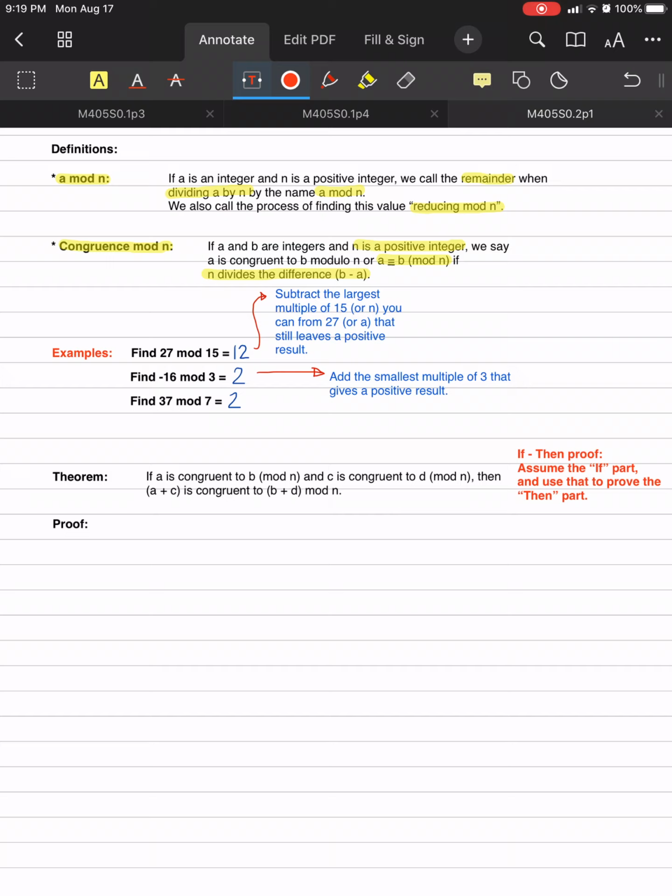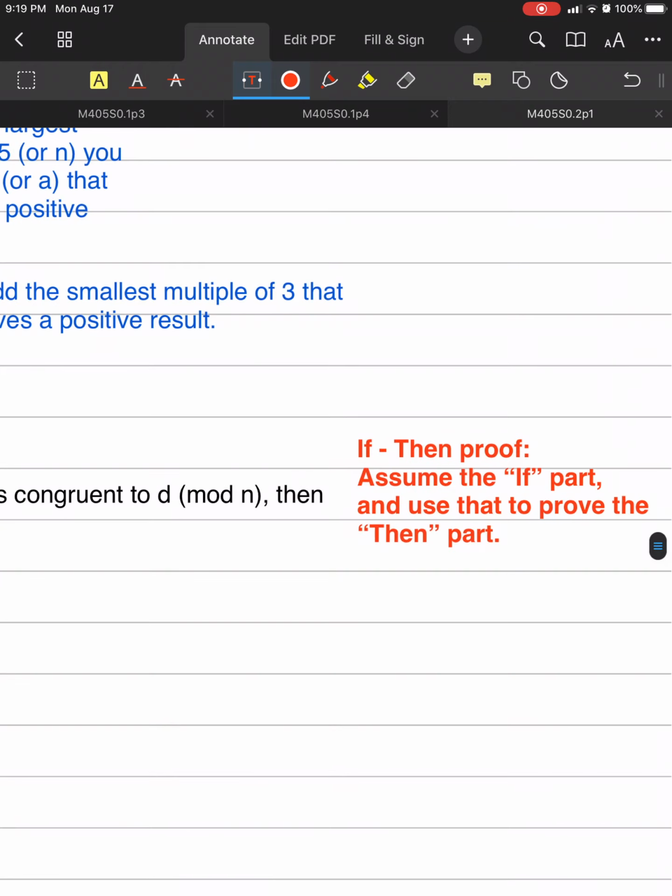So what I'd like for you all to do is, again, pause the video, try and either prove this theorem if you can, or at least set out the first few steps of it. And remember, we've already got the guidelines here for an if-then proof.